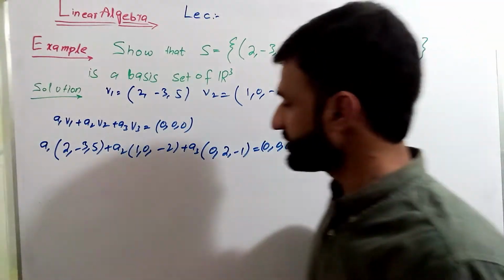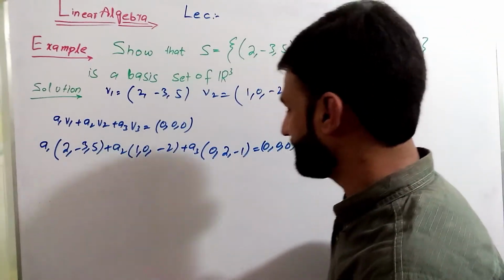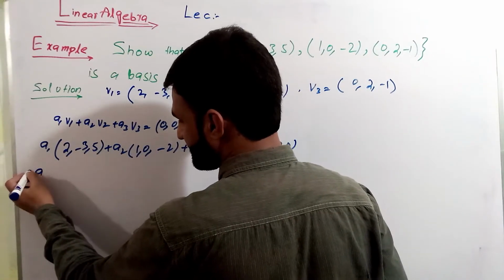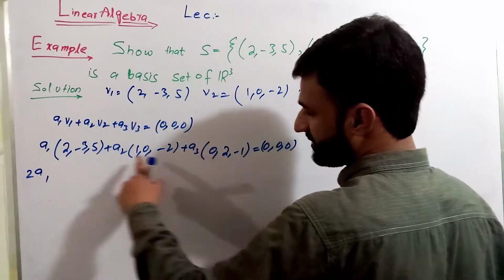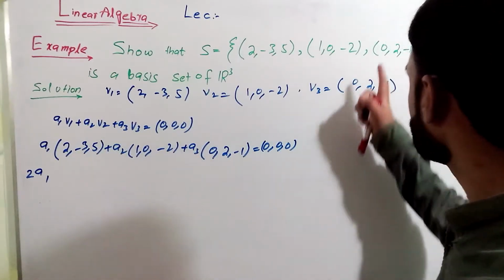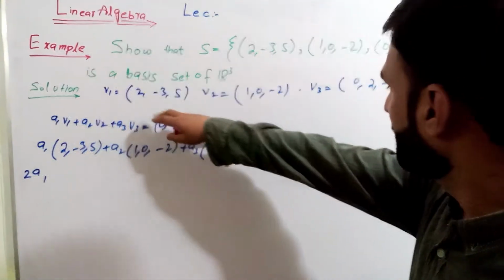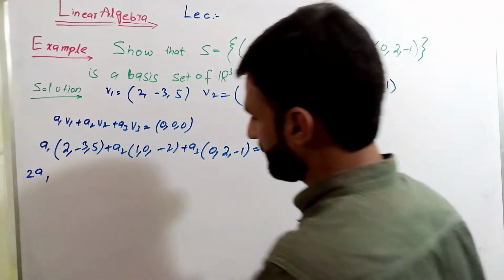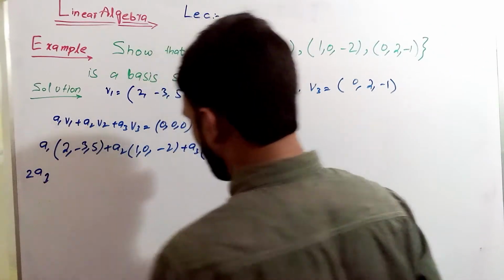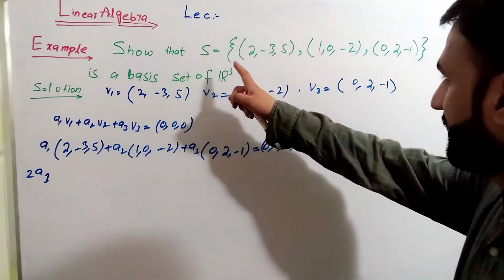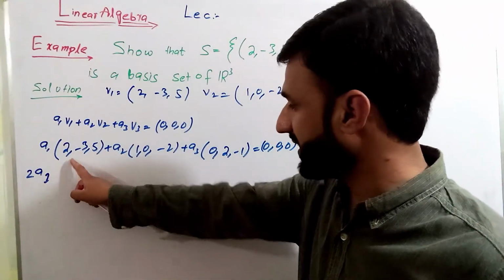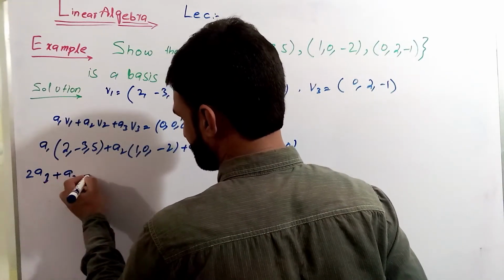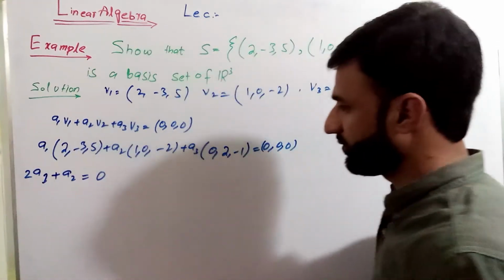Now we multiply and check the values coordinate by coordinate. The first coordinate gives 2a1 + a2 = 0.